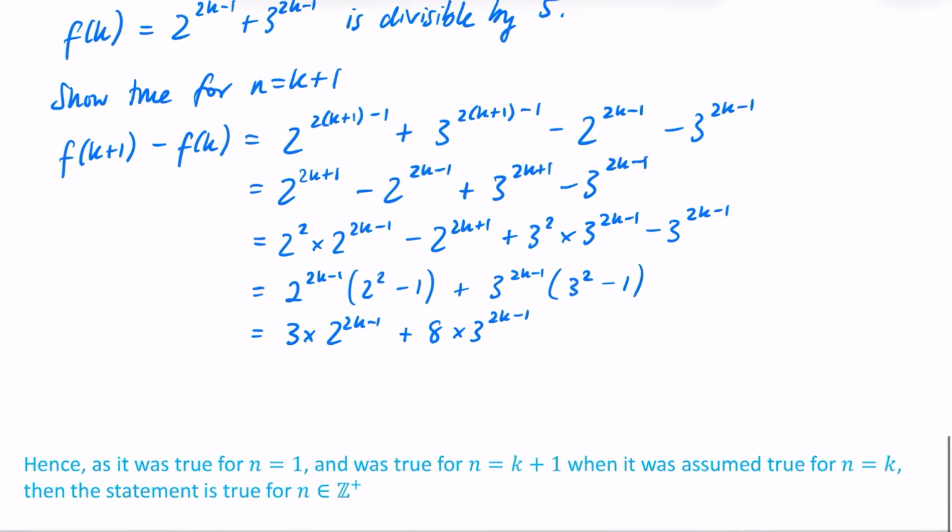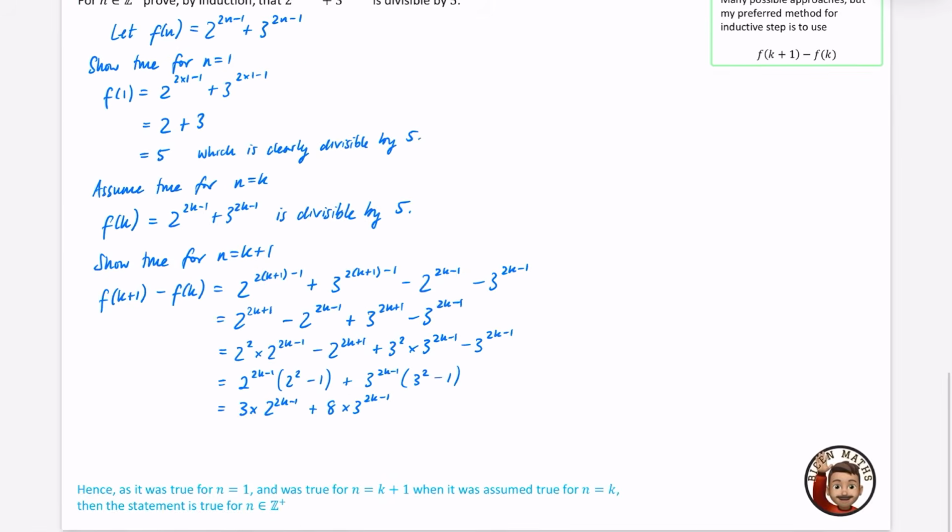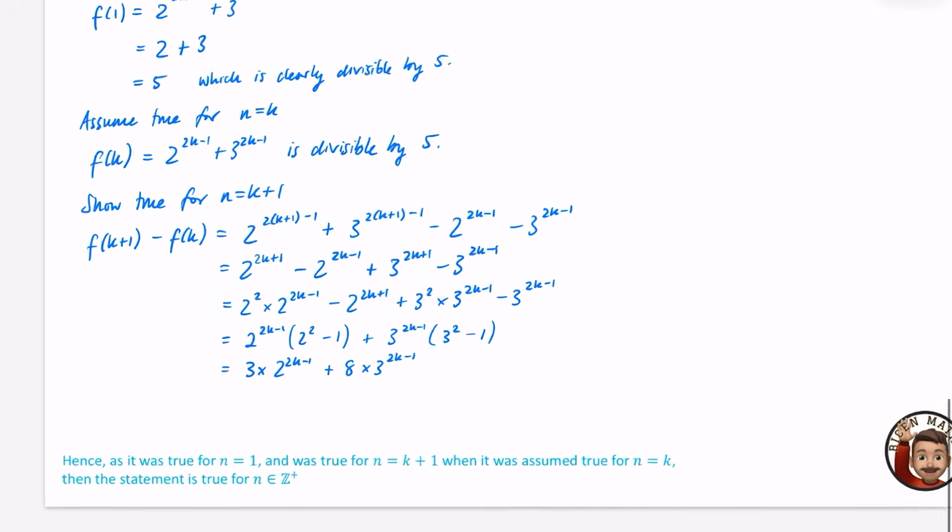Now, in an ideal world, because we're trying to show that something is divisible by 5 in this question, we would go, oh great, this is a 5 and this is a 10 or a 15. But unfortunately we've got 3 and 8 here, and neither of those are divisible by 5. However, when I see the number 3 and the number 8, there is an inherent 5-ness there, because 8 take away 3 is 5.